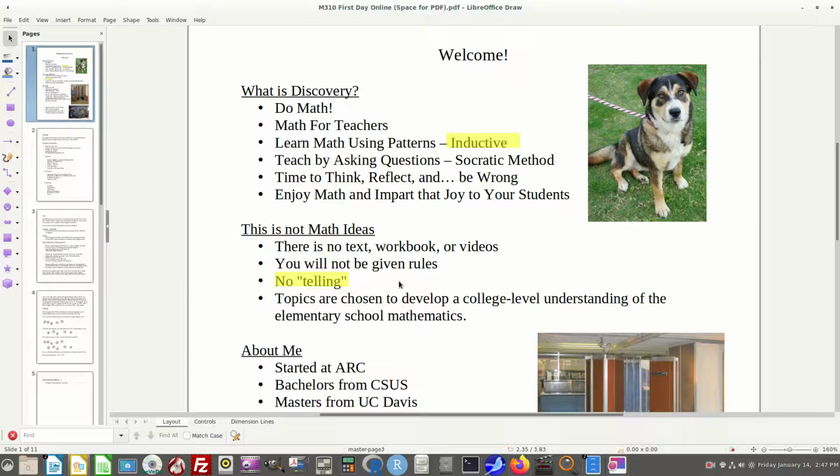In here, topics are chosen to develop a college-level understanding of elementary school mathematics. Much of what comes later in mathematics is foreshadowed in elementary school mathematics. So we're going to talk about elementary school mathematics in a much more sophisticated way. We're going to do that using the inductive method.